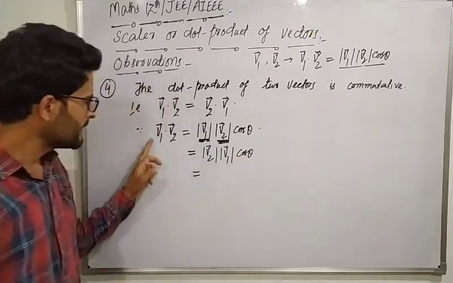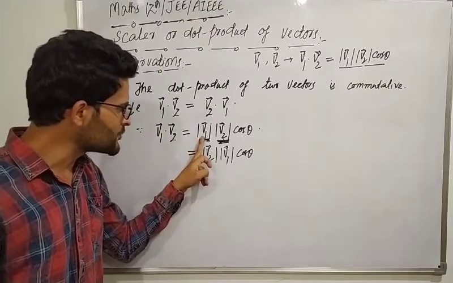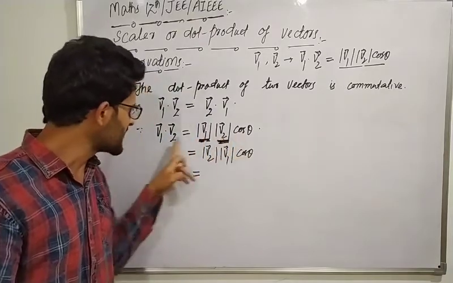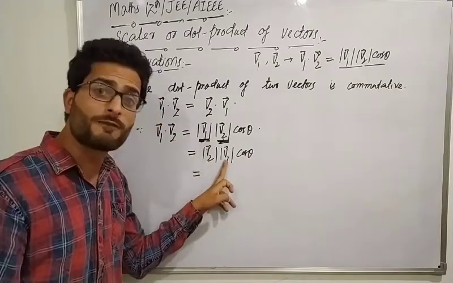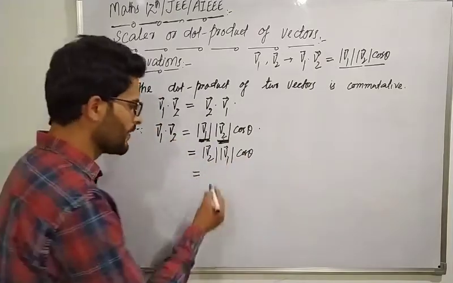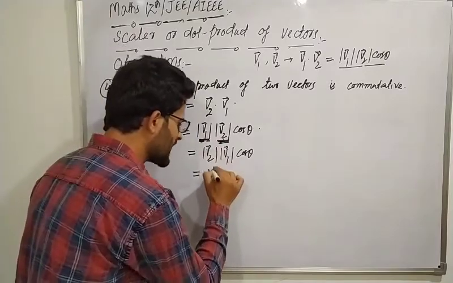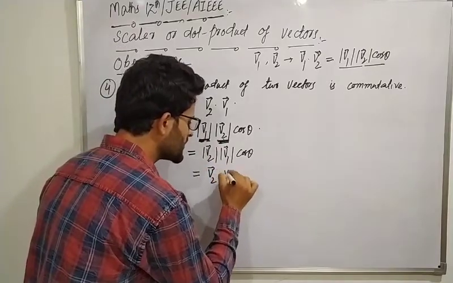Now, अगर magnitude of v1 magnitude of v2 cos theta v1 dot v2 के बराबर है, तो मैग्नीट्यूड ऑफ v2 मैग्नीट्यूड ऑफ v1 cos थीटा किसके बराबर होगा? ऑब्वियसली v2 डॉट v1. So that's equal to v2 dot v1.